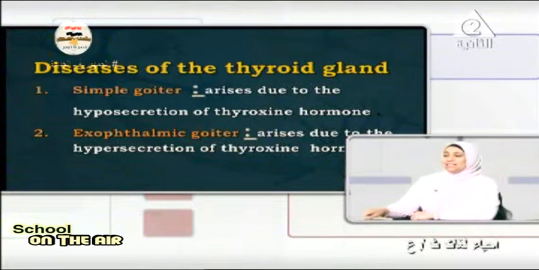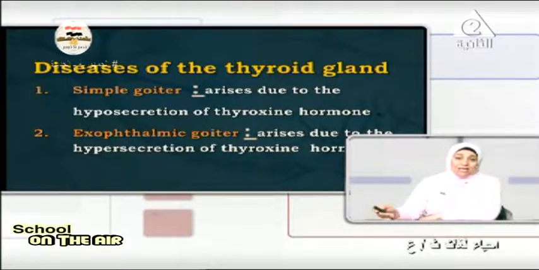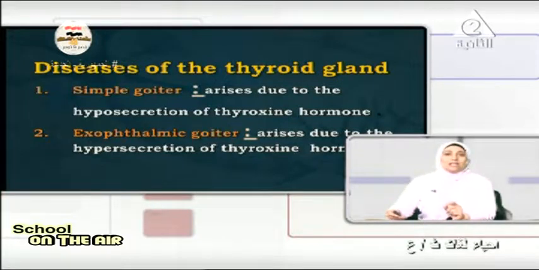Now we will describe the diseases that affect the thyroid gland. Number one, simple goiter. Simple goiter arises from the hyposecretion of thyroxine hormone. The thyroid gland secretes a hormone named thyroxine.